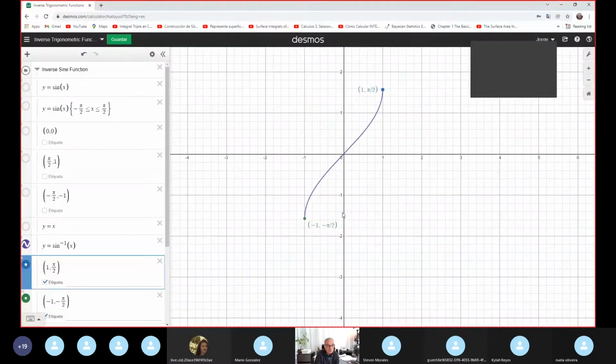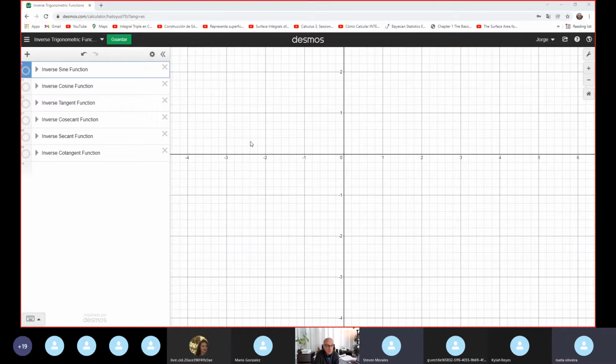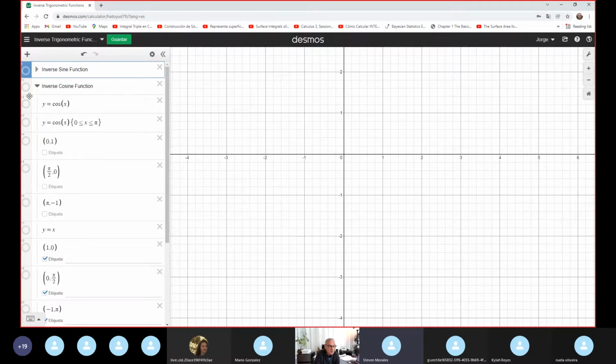Do you see Desmos now? Yes, Professor. Again, repetition of the story, but quickly. It's similar. So look, this is the famous cosine. This is the final answer.